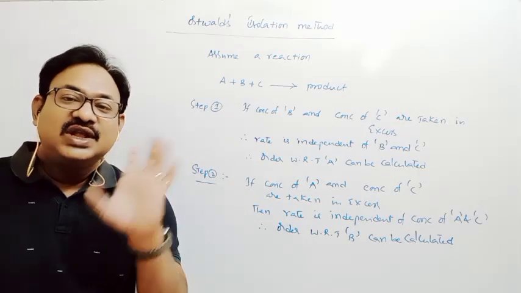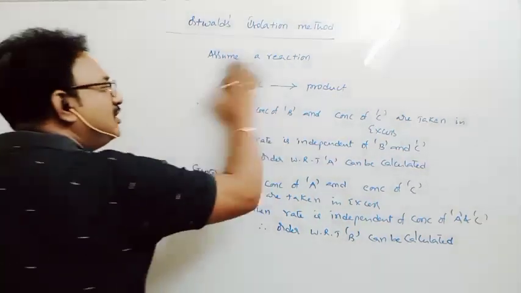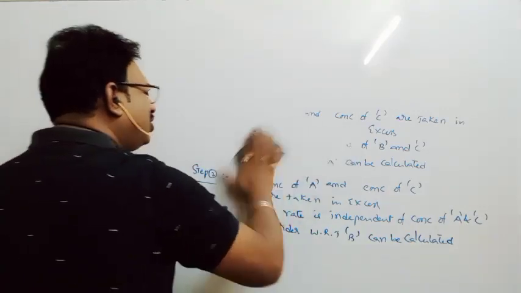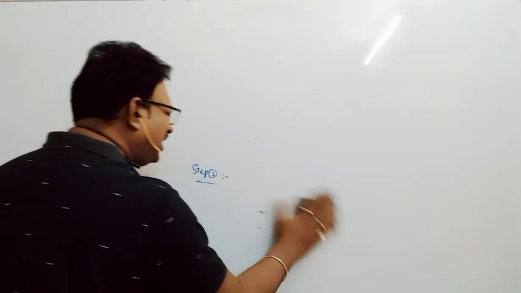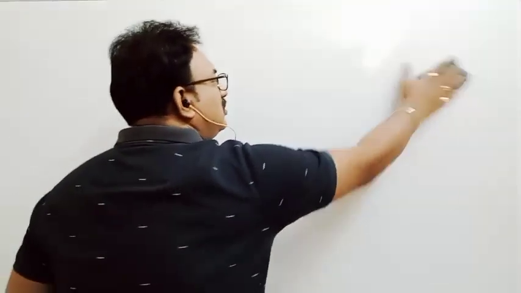Now coming to the last and final topic, molecular collision theory. It is also called collision theory of reaction rates, or simply called collision theory. Okay. So let me go through collision theory.